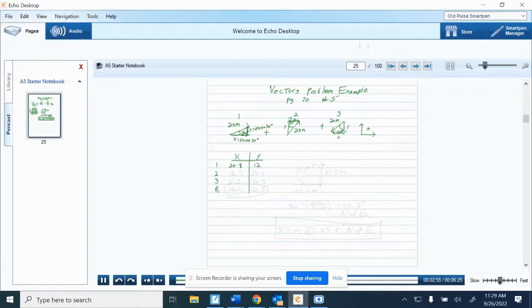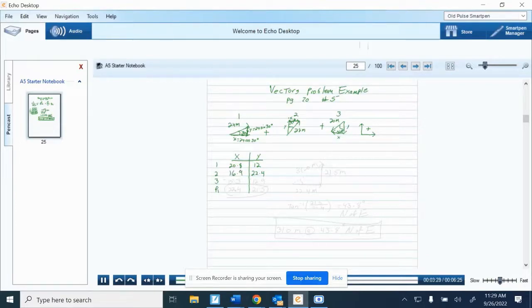For the second one, the y component is going to be 28 cosine 37. And the reason it's cosine, even though it's the y component, is because the y component is adjacent to the angle here. So we have 22.4 for y. And for x, we're going to do 28 sine of 37, and we get 16.9.